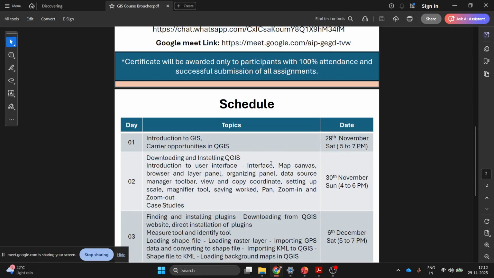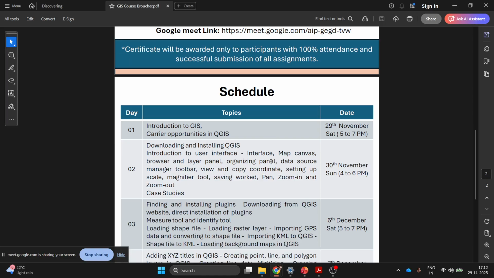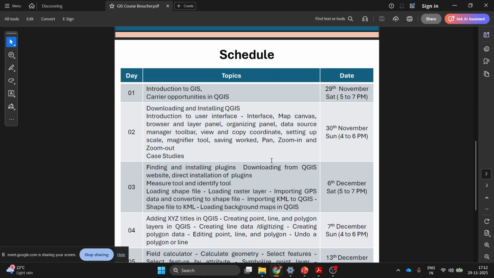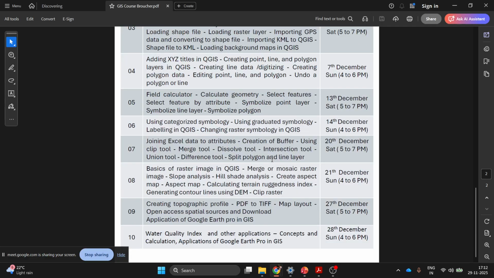We will learn all the tools that are necessary for doing your project and how to do a project, followed by some case studies in the upcoming classes.